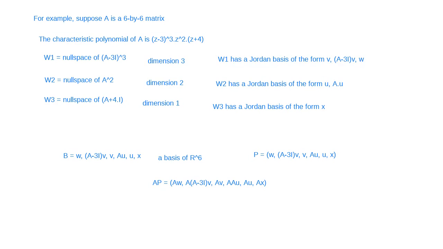So you get 3W, and then A times A minus 3I times V is just 3 times A minus 3I times V. And then AV gives me 3 times V plus A minus 3I times V. And then A times AU is 0, AU is just AU, and then AX is 0.